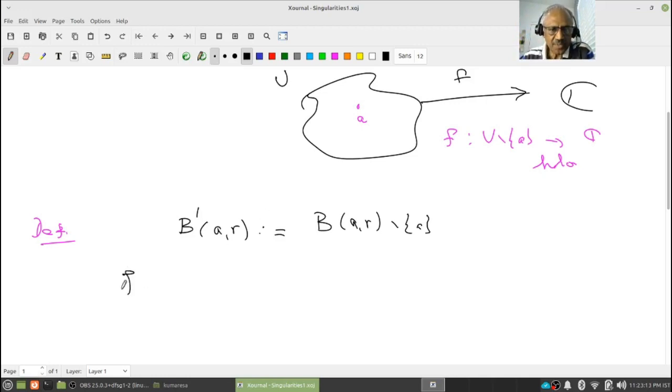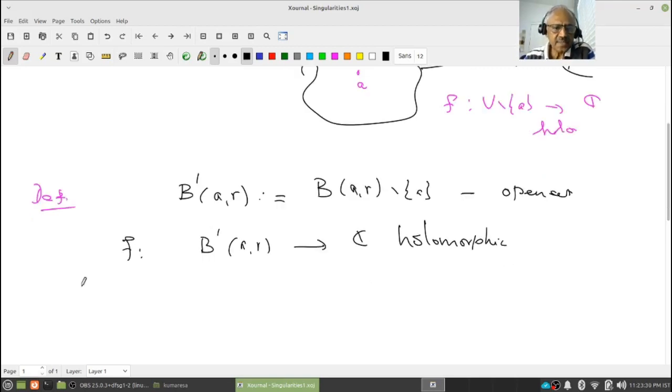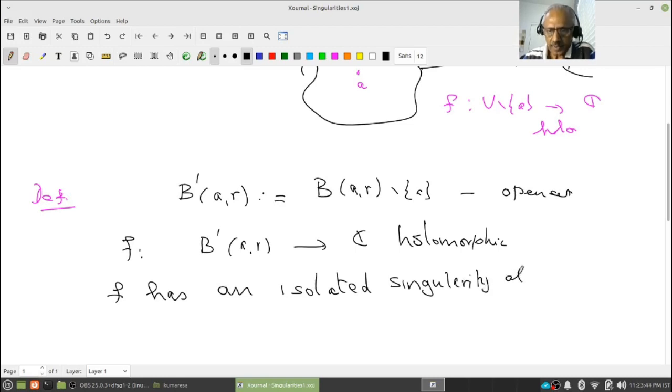Then suppose I have a function f which is defined from B'(A,R) to C and is holomorphic. Then I say f has an isolated singularity at z equal to A, or at A.